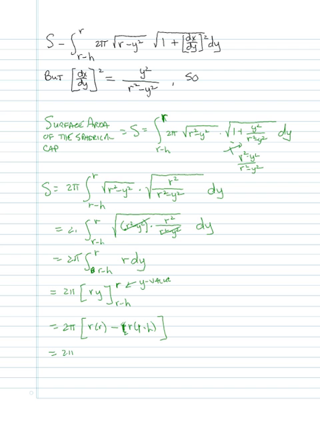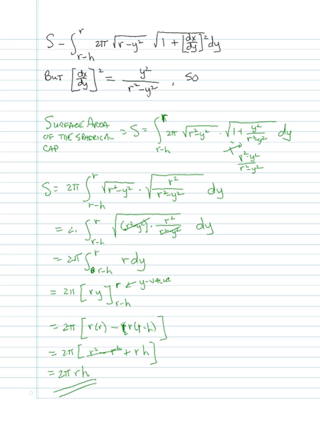Here we'll have a negative r times r, which is minus r squared, and a negative r times a negative h, which is plus rh. You see the r squareds go out, and we're left with 2 pi times rh. Remember, this is the surface area of a spherical cap.